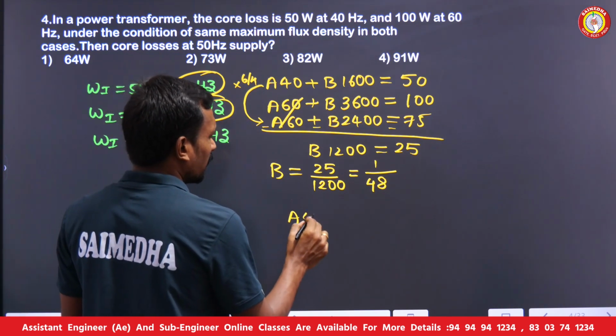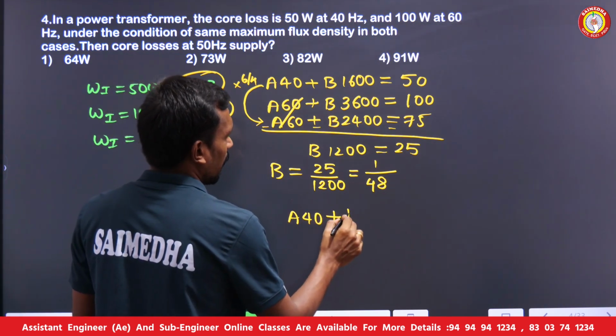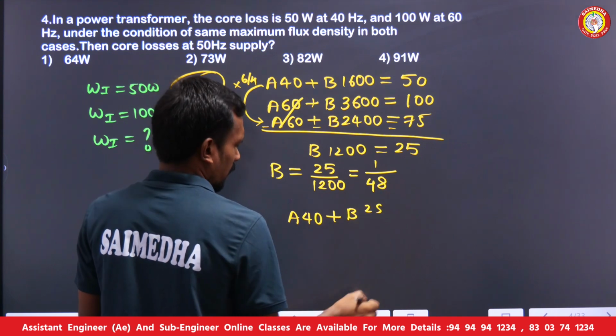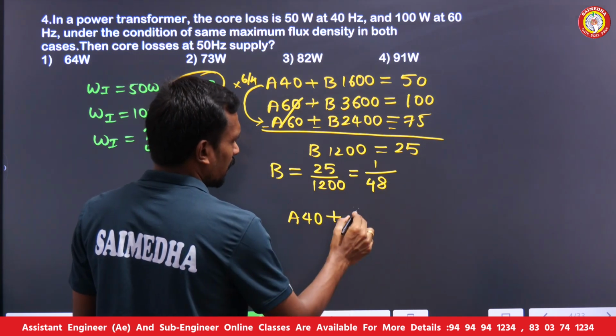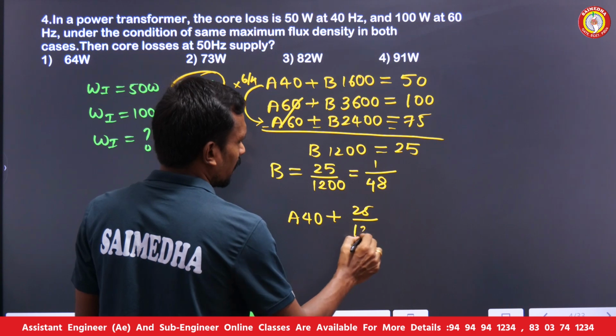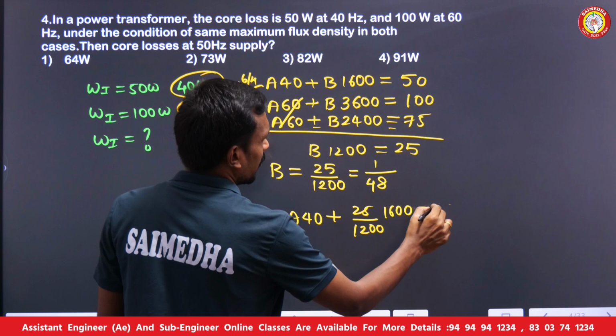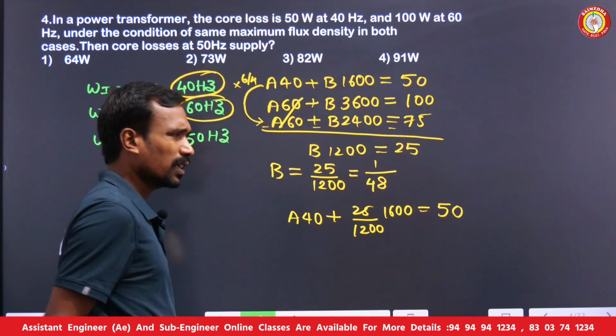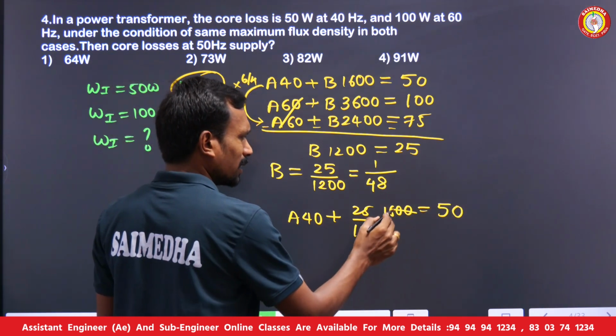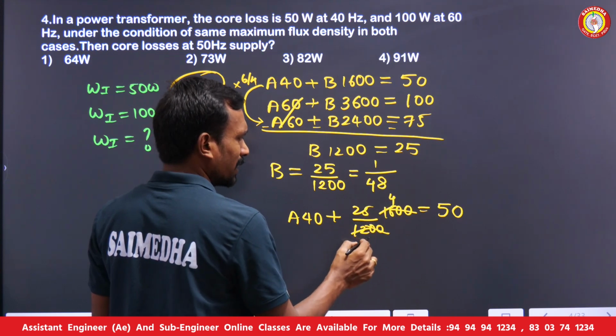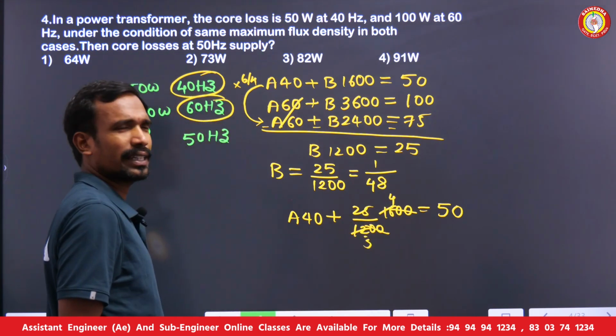A into 40 plus B, where B is 25 by 1200, into 1600 is equal to 50. So these two get cancelled. 4 4s are 16, 4 3s are 12.